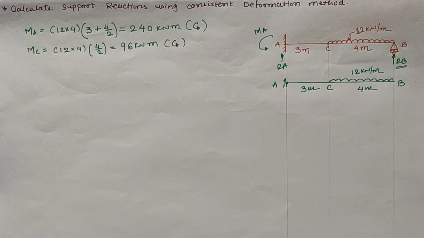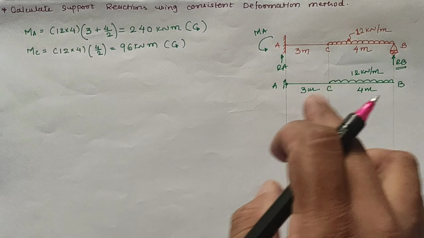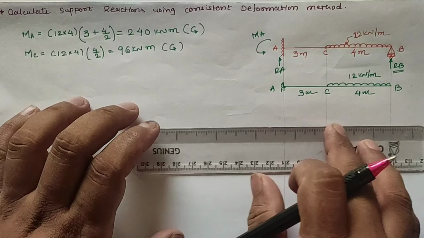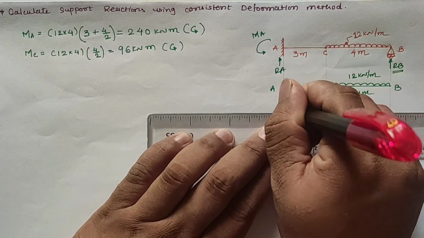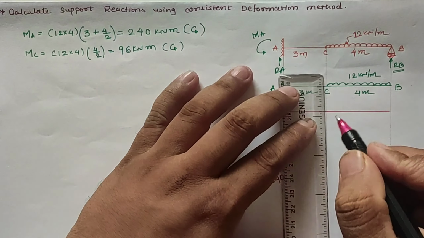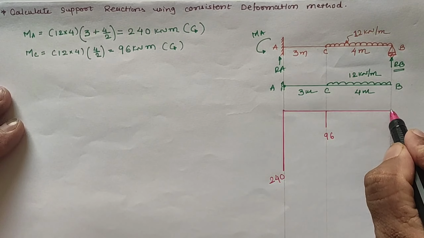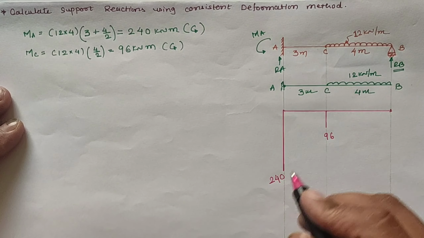So if we draw a bending moment diagram for the released structure, then it is as shown. Now at location B the moment is 0.